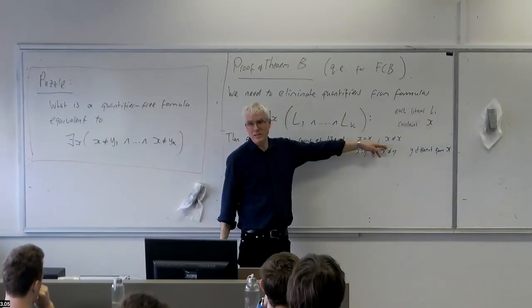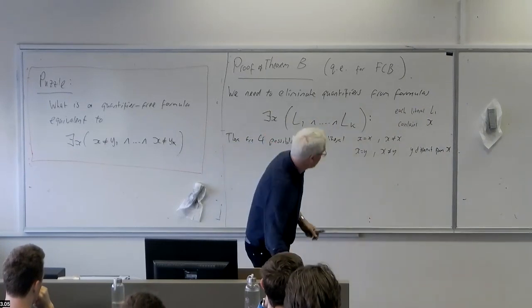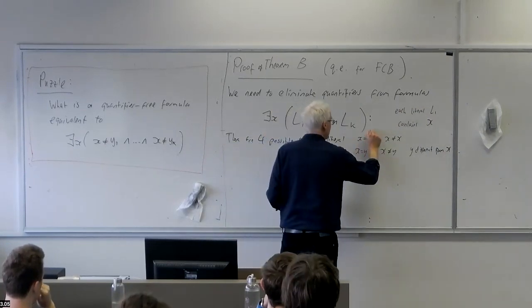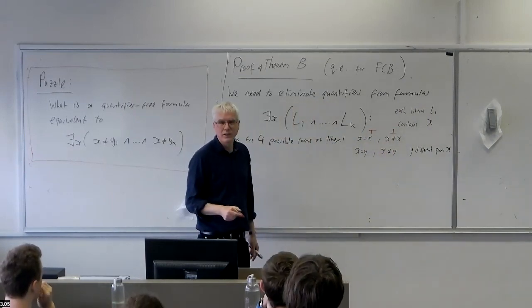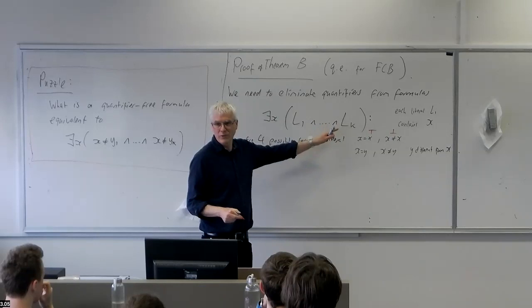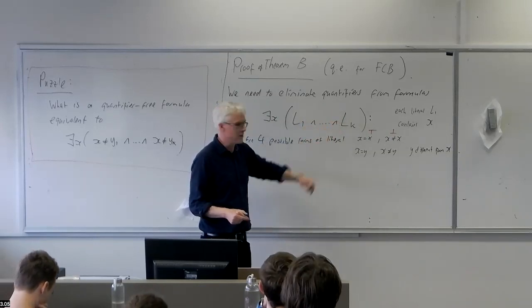The first two we don't need to consider because X equals X is simply equivalent to true, and X is not equal to X is equivalent to false. So we can replace those with true and false and pull them out of the existential quantifier.